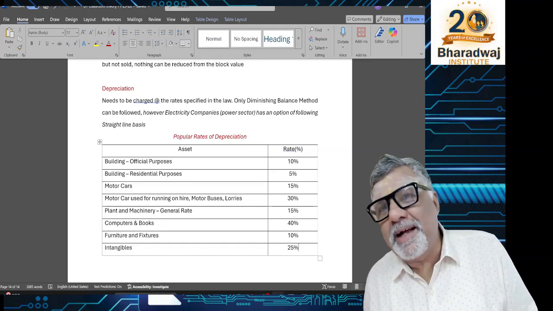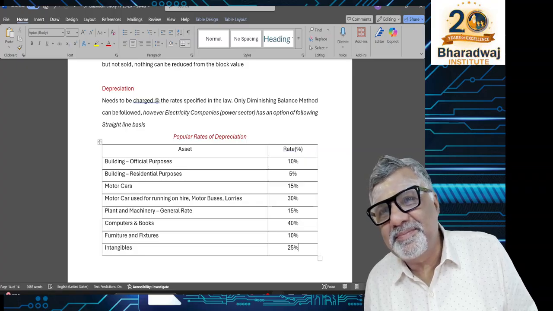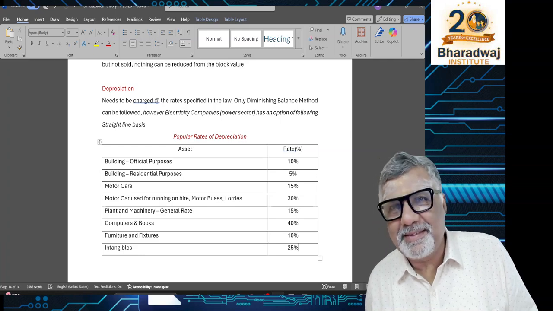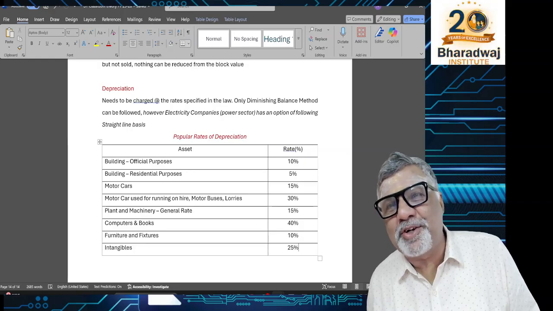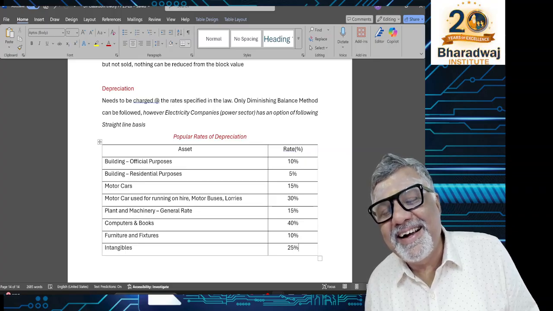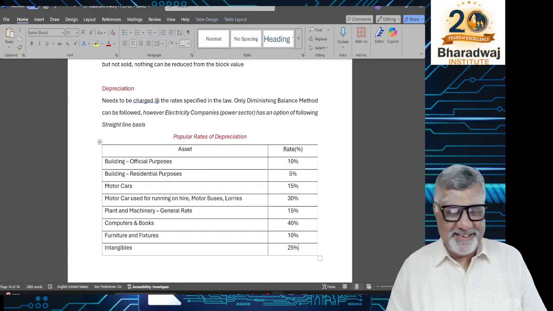I go and buy Tally software. What is the depreciation rate? Intangible, 25%. I purchase a computer which has an inbuilt Microsoft 365. 40, 40.